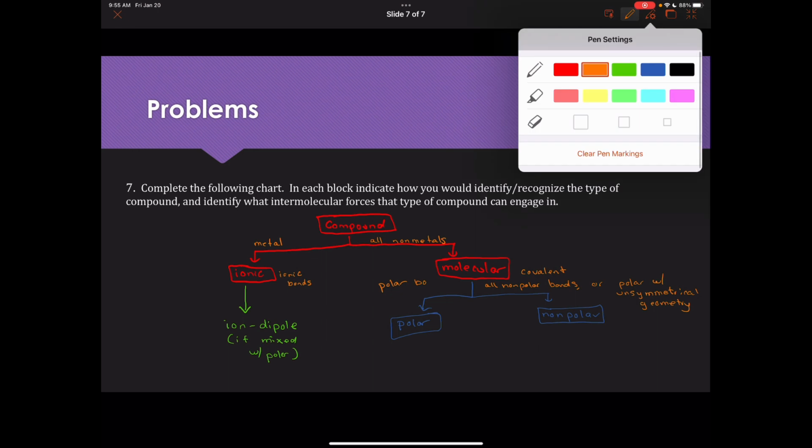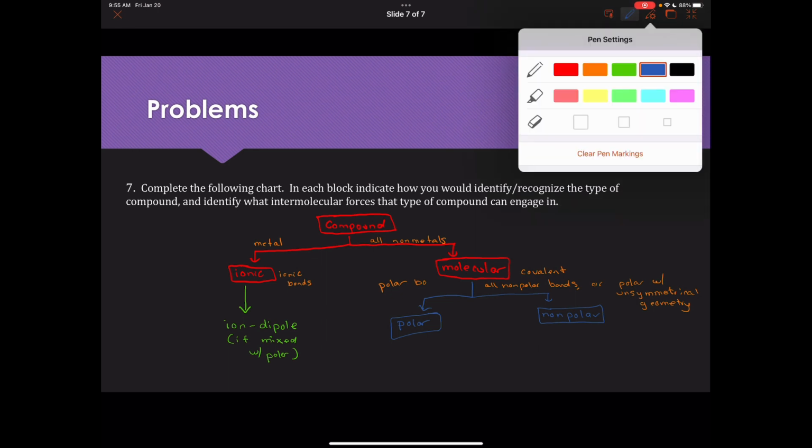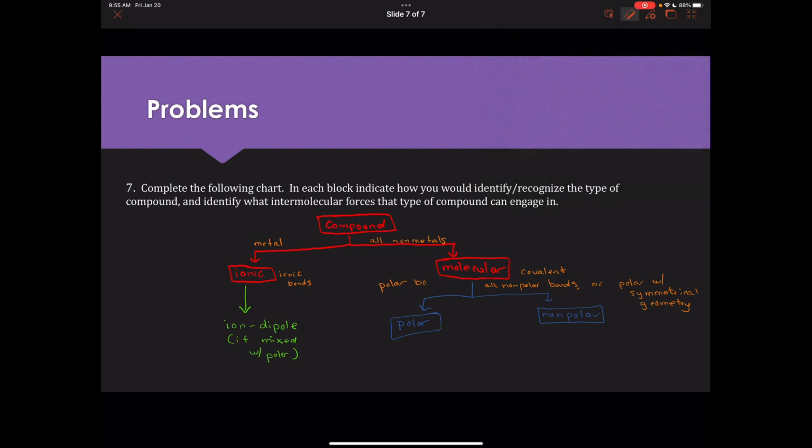Oops, let's correct that. For nonpolar, we have symmetrical geometry, not unsymmetrical. Polar bonds with unsymmetrical geometry give us our polar molecules. So each of these types have particular intermolecular forces available to them.